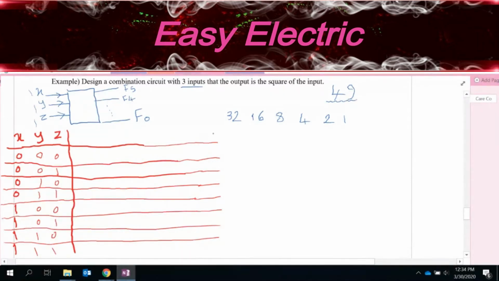I give a label to the output, starting from F0, F1, F2, F3, F4, and F5. I just separate each of these.